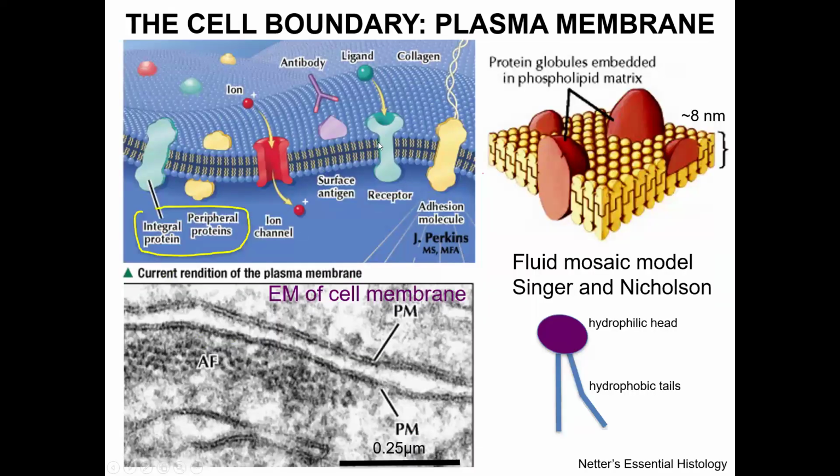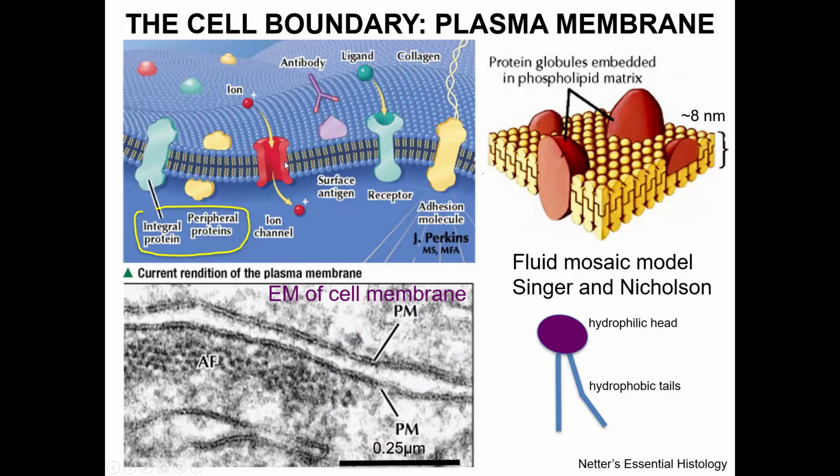The plasma membrane, I mentioned already, is formed of two layers of phospholipids, and the phospholipid looks like this. It has a hydrophilic head that contains a negatively charged phosphate group, and it has two hydrophobic tails, which are the fatty acids.